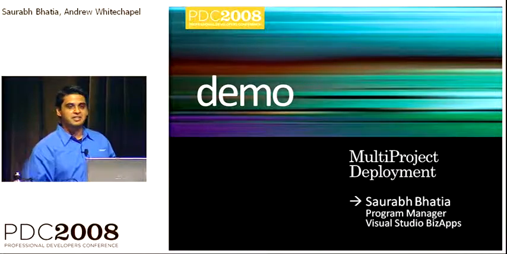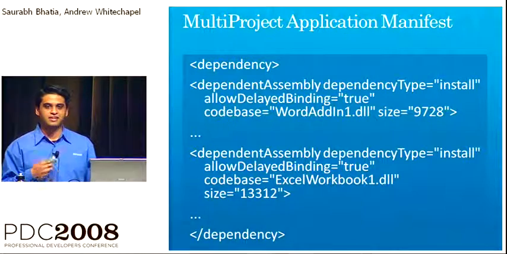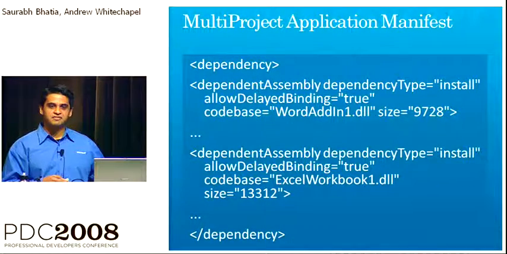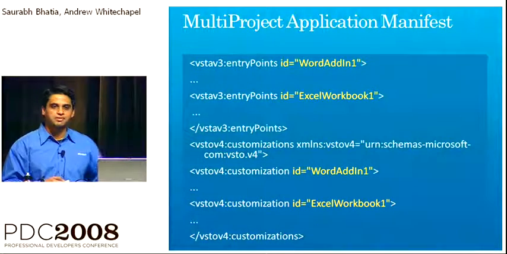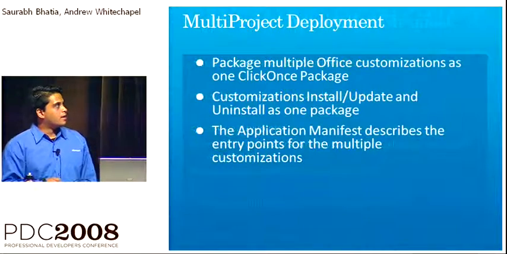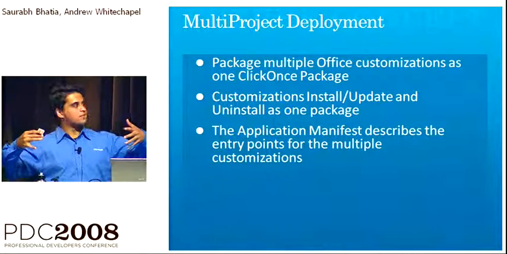What we just saw was multi-project deployment, and this was the XML that got changed in order to enable packaging different files in and also enabling different entry points in the application manifest. So what we saw was that with multi-project deployment, you can now package multiple solutions.